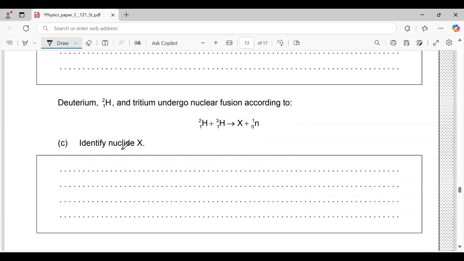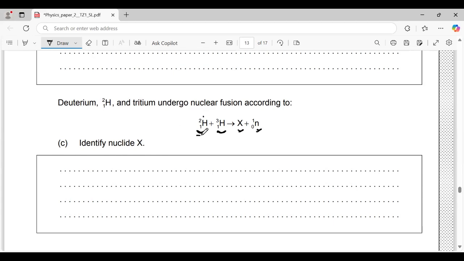Identify nuclide X. This is deuterium, hydrogen 2, and this one is tritium, hydrogen 3. X is the unknown nuclide, and n is a neutron.